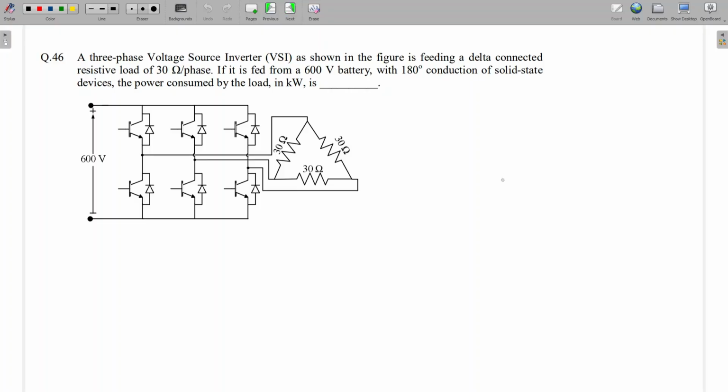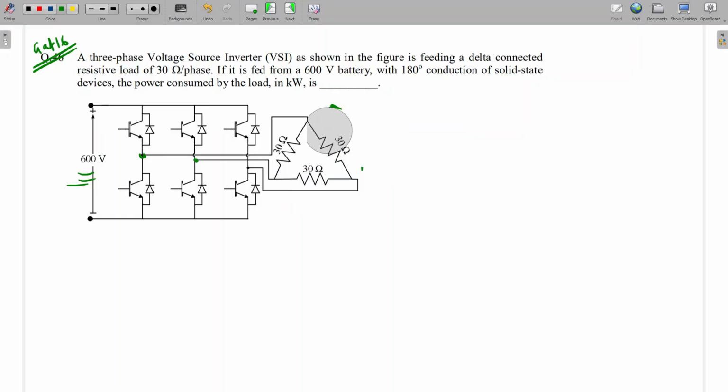So this was asked in GATE 16 or 17. VDC is 600 volt, but the load is delta. So load is delta means what will be the voltage here? It will be the line to line voltage. As per the inverter, this is A phase and this is B phase. Across each phase in the delta, that will be the line to line voltage of the inverter.